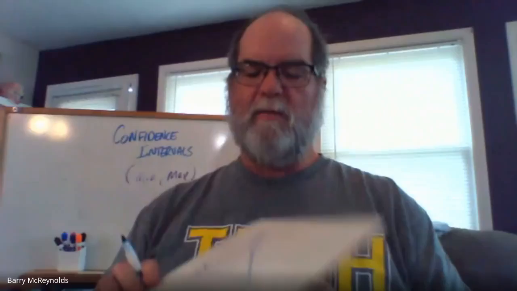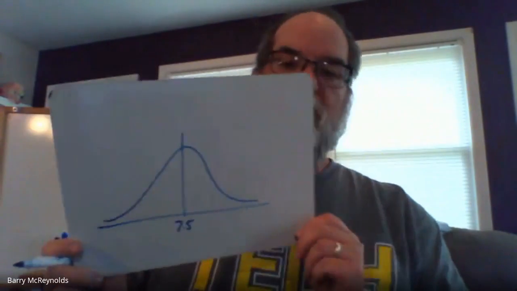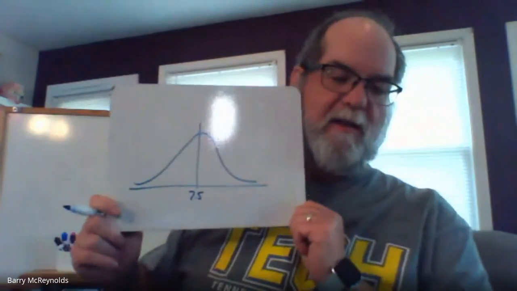What's that going to look like? Well, we're already told that our distribution is normal, right? It's normally distributed with a mean of 7.5. So our pool populations look like this.